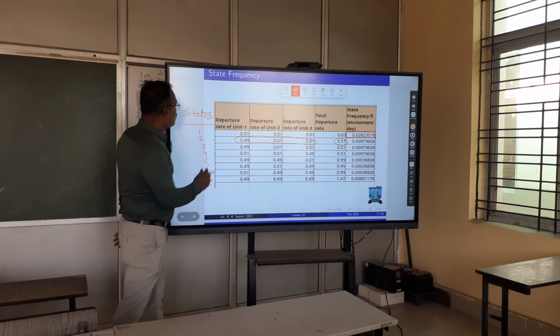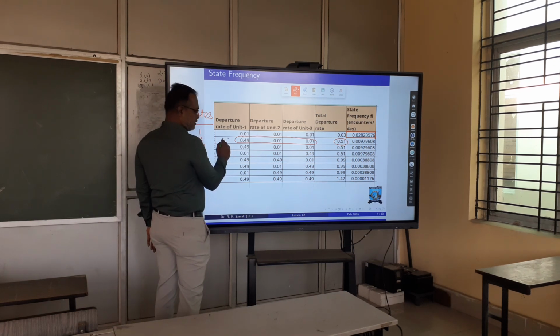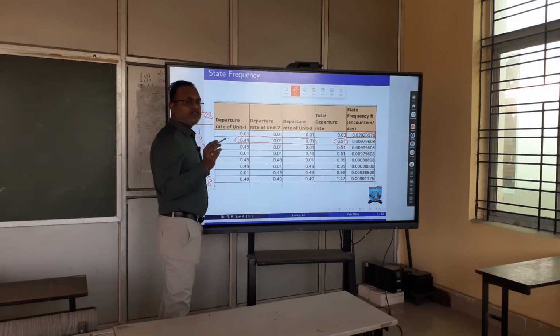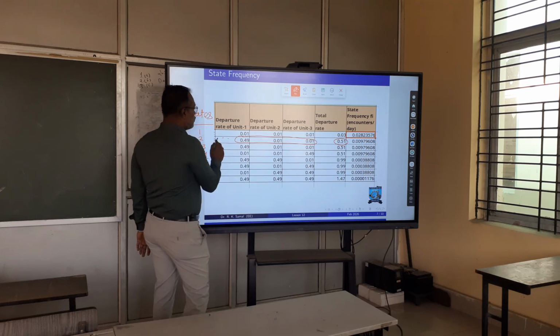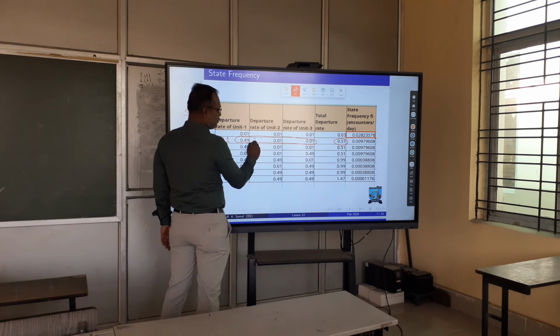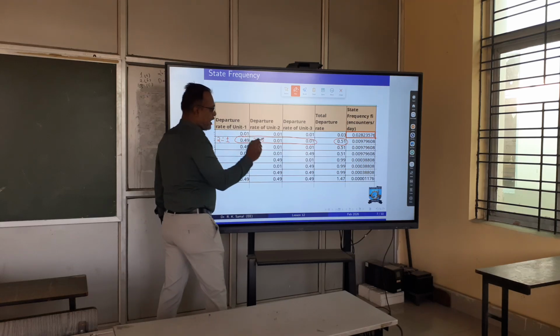In state 2, unit 1 was down. So what are the transitions that you are making from state 2? 2 to 1, then 2 to 5, and then 2 to 6.